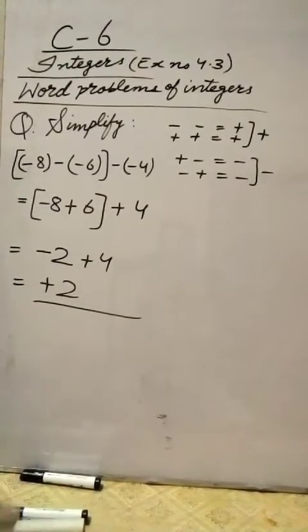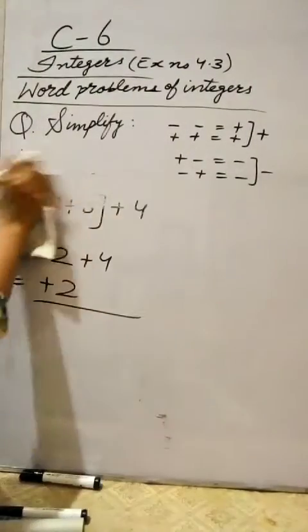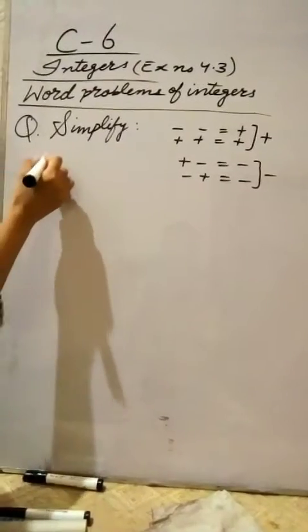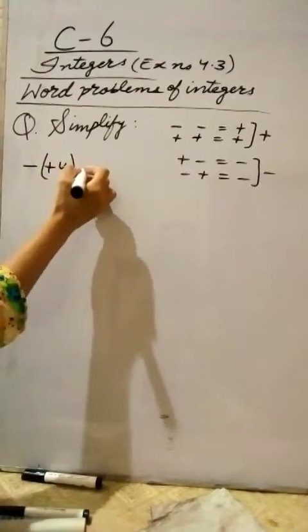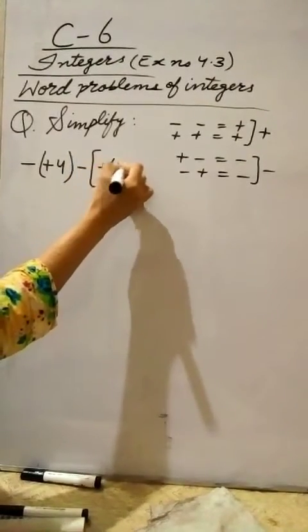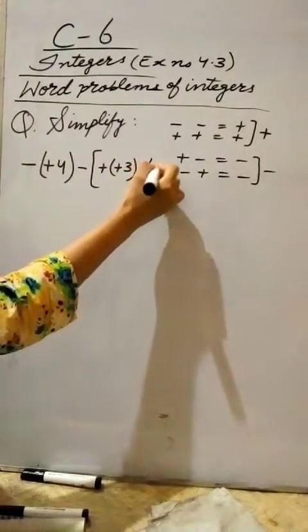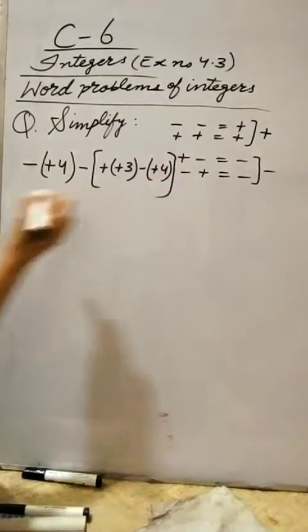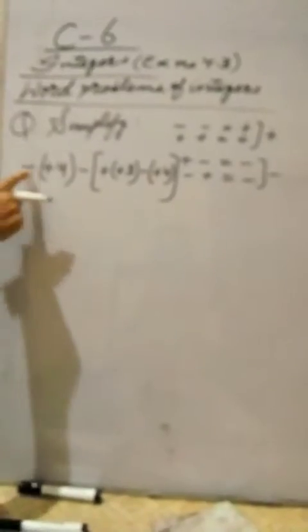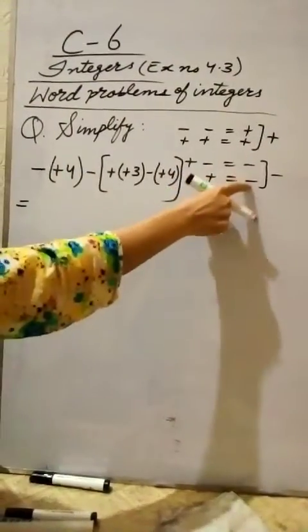Now I am taking another question. Let's see, we have a question: minus plus 4, then we have minus plus plus 3 minus plus 4. So first of all, change this to a single sign. We need a single sign. Minus plus, see, minus plus, what is the answer?